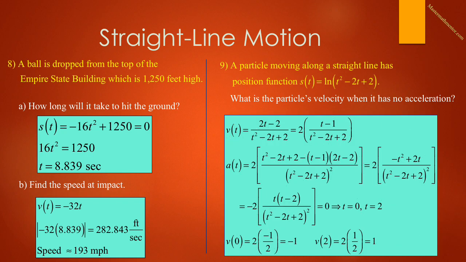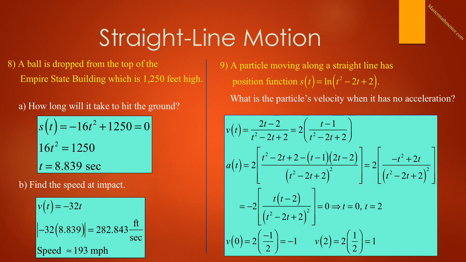Our game plan for this problem is to first find the velocity, then the acceleration. We're going to set the acceleration equal to 0 and find the values of t that make this true, and then plug those values back into the velocity function.